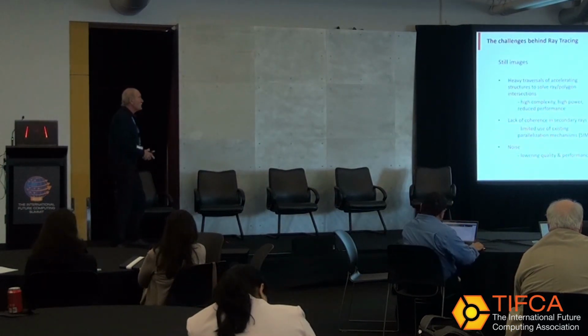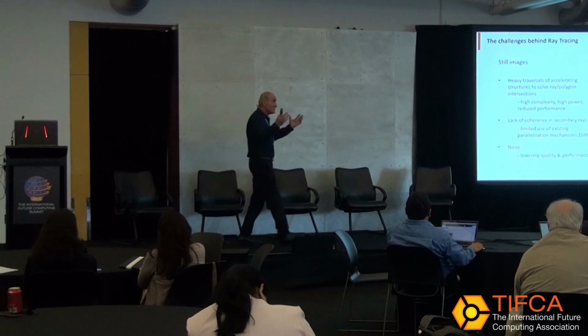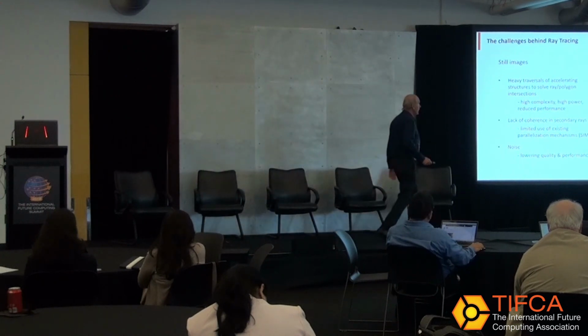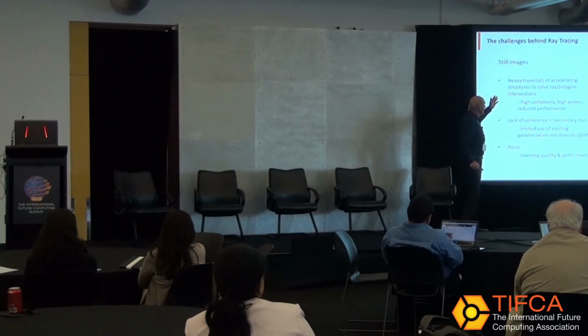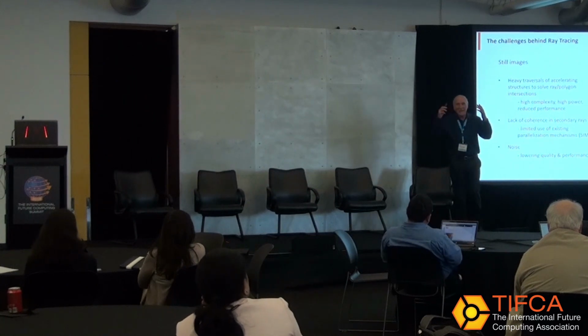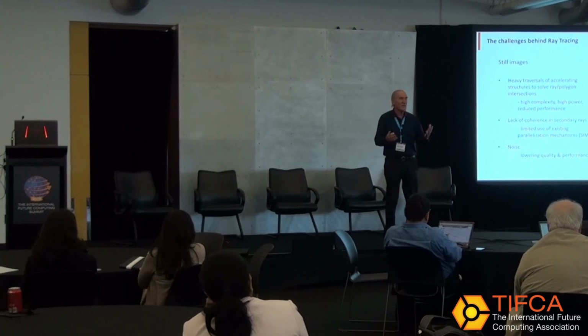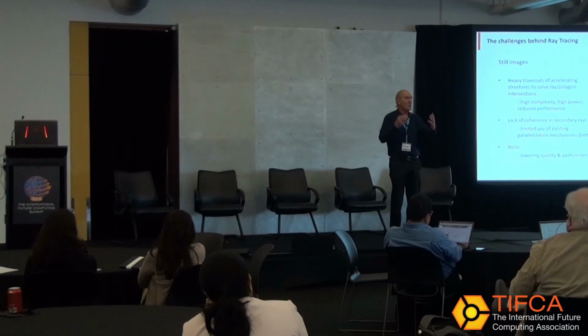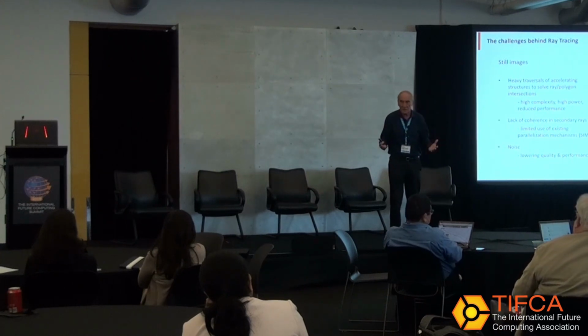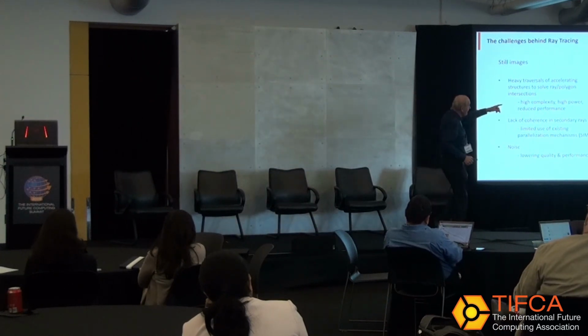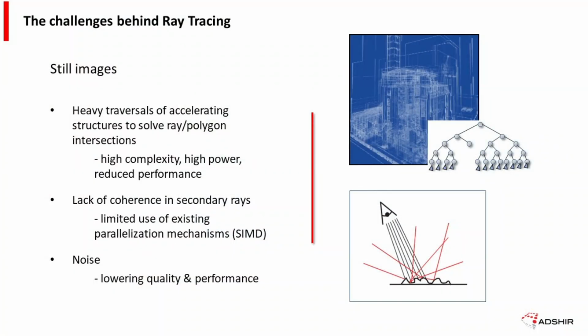Now let's talk about the challenges in ray tracing. Why so complicated? First of all, we have big data structures in ray tracing. You have billions of rays, and each ray has to go through a data structure. The data structure is a structure of millions of triangles. Looking at the blue stuff, the scene is divided into small parts, and then you put these parts into a binary structure like this one.